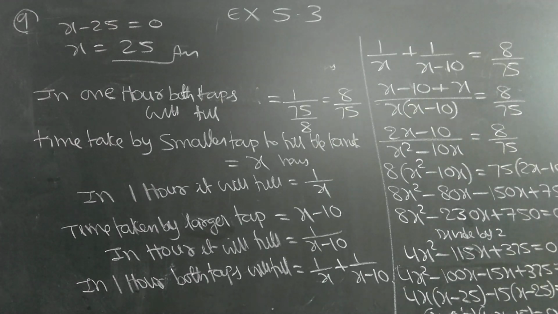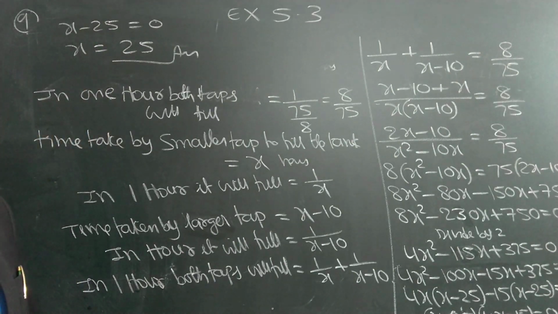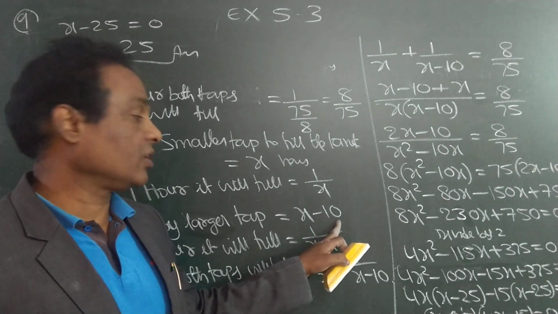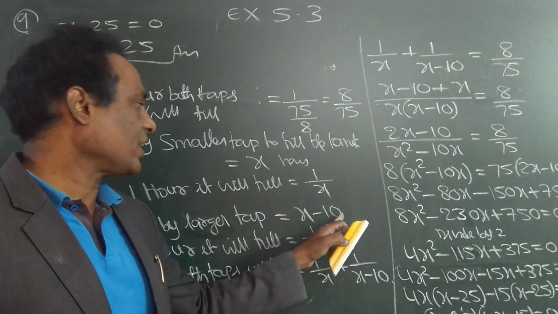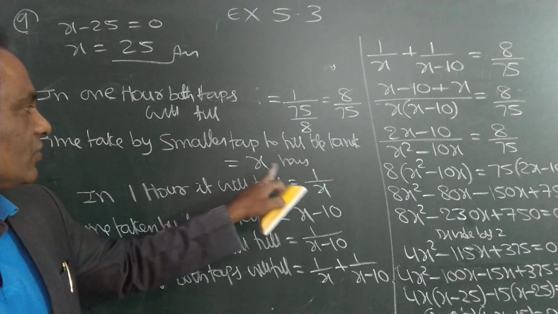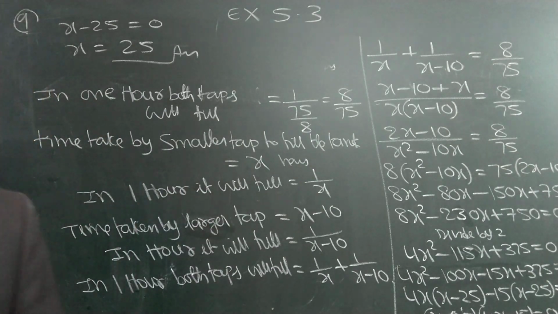If we take 25 by 4 and 25 by 4 minus 10, we will get a negative answer. This is positive, but if you substitute here, the second value is becoming negative, so it is not possible. If it is 25, no problem, because 25 minus 10 is 15. So this is the correct answer. Among those two answers, 25 is the correct answer.